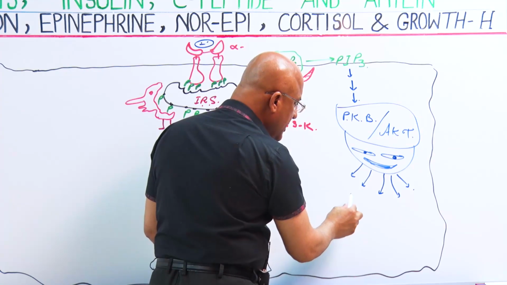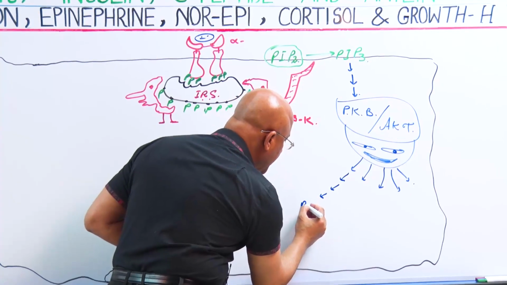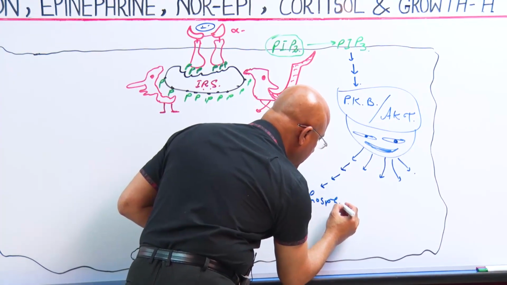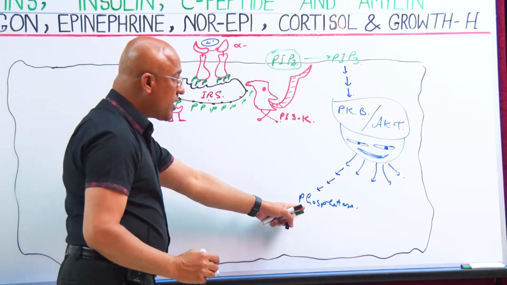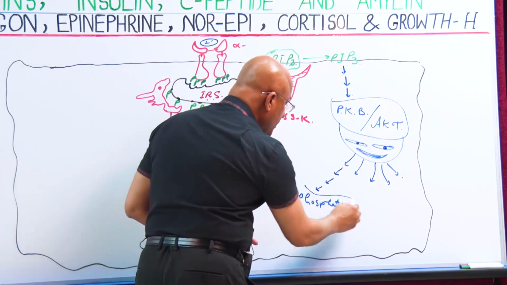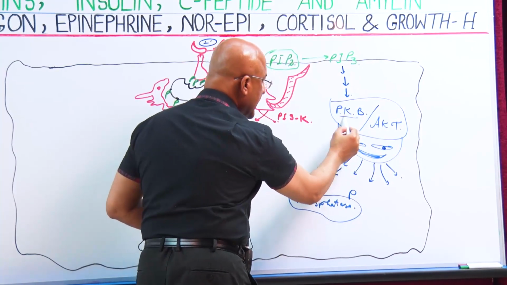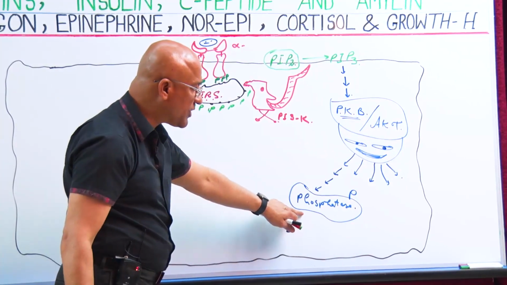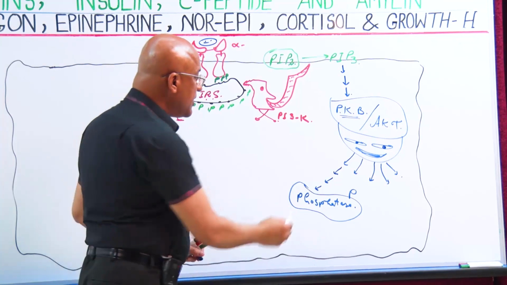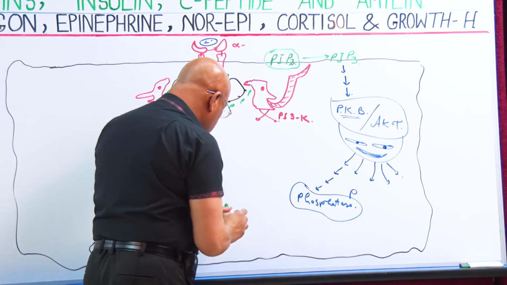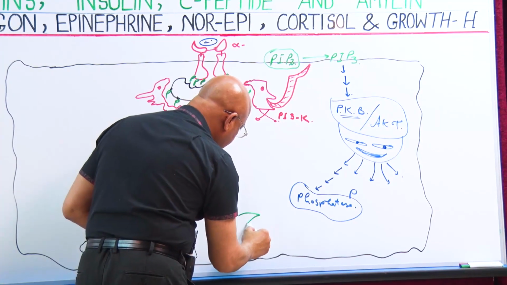The result will be that, through multiple pathways, eventually it activates a phosphatase. This is a phosphatase which is, suppose, phosphorylated by protein kinase B. It is quite possible this phosphatase is activated and it removes phosphate from different enzymes.